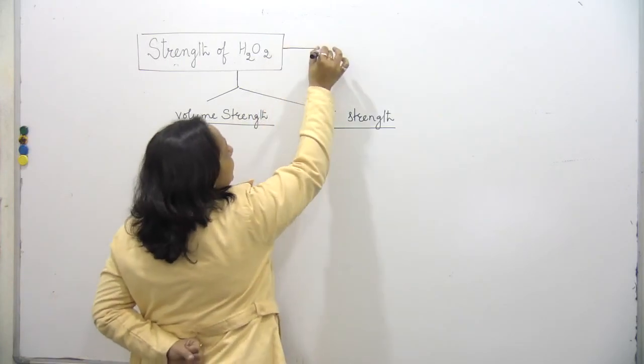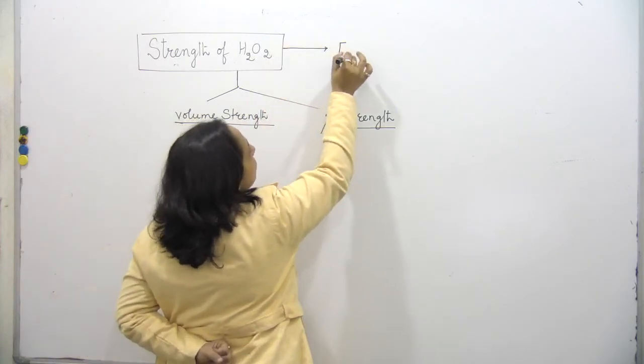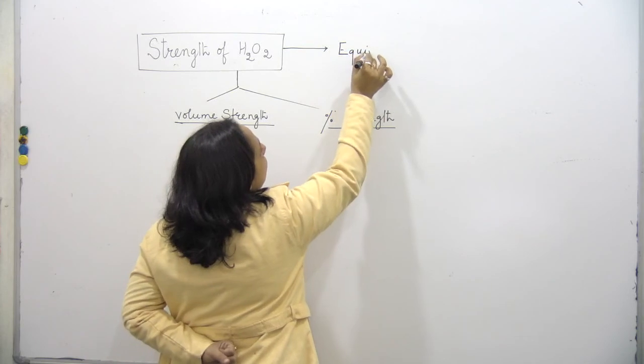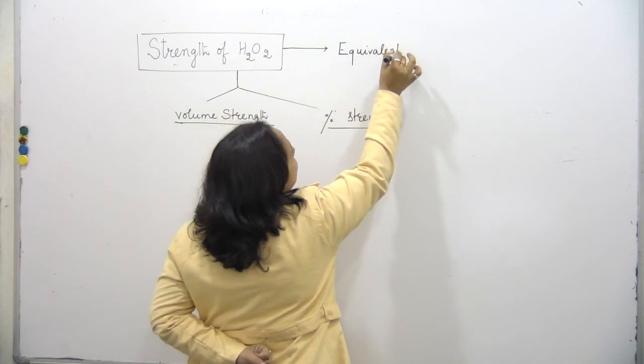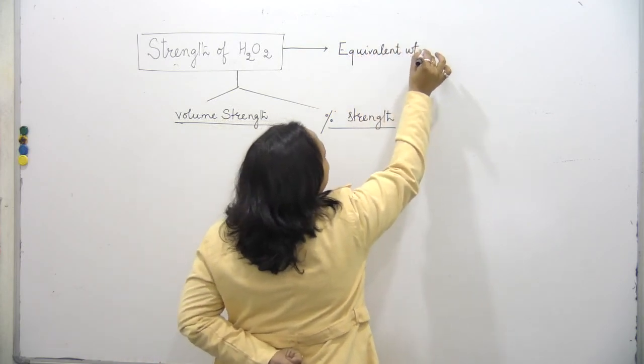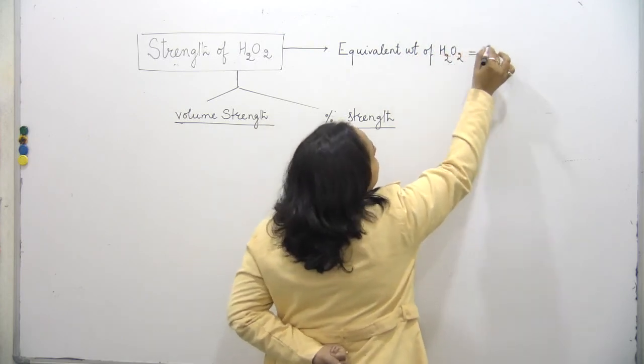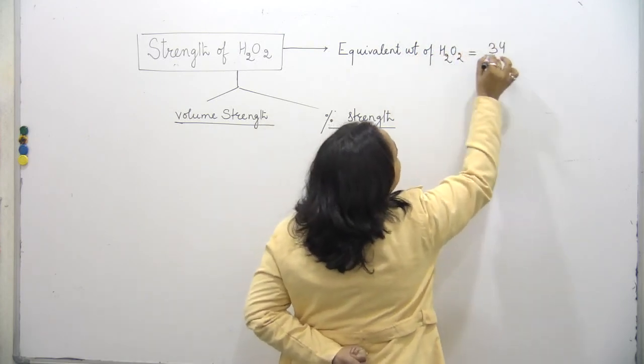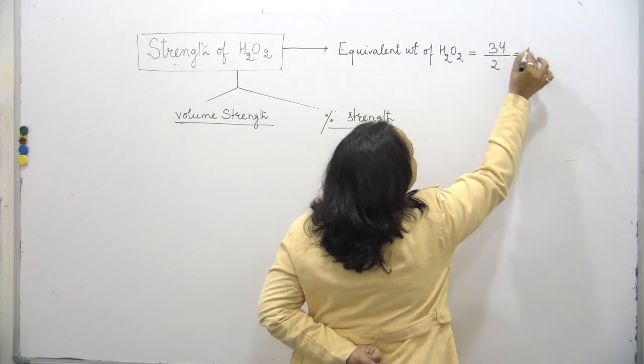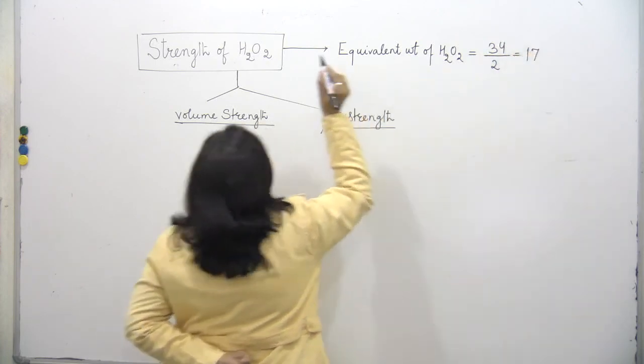Before we start with this strength topic, we must know the equivalent weight of hydrogen peroxide, H2O2. It is going to be 34, that is the molar mass, divided by 2, which is equal to 17. Why 2?